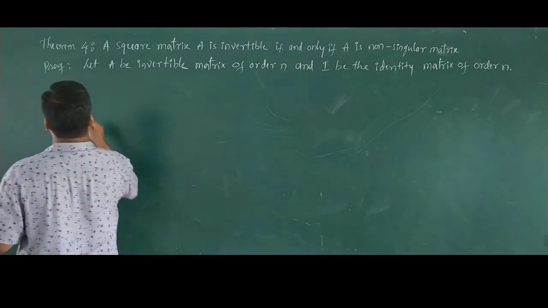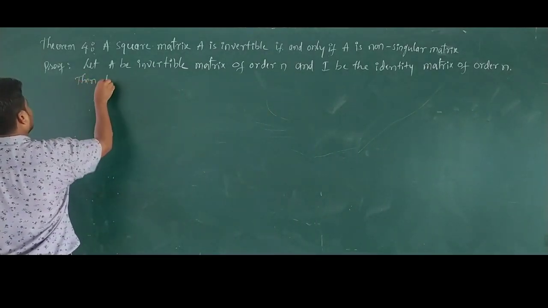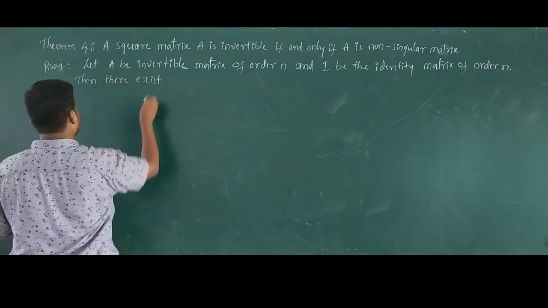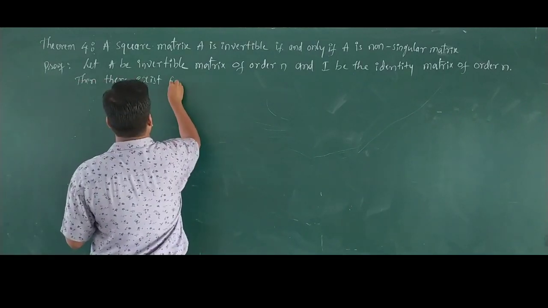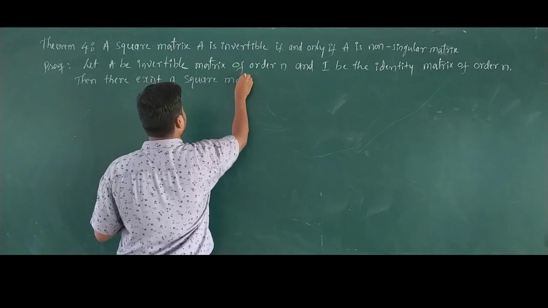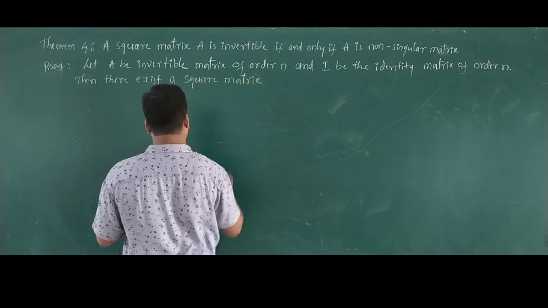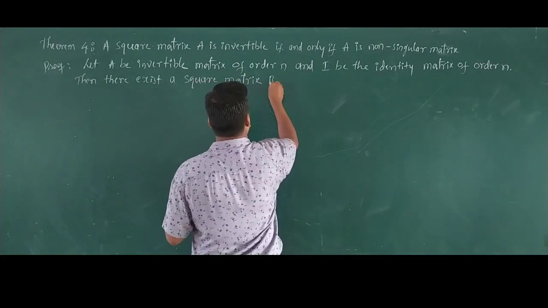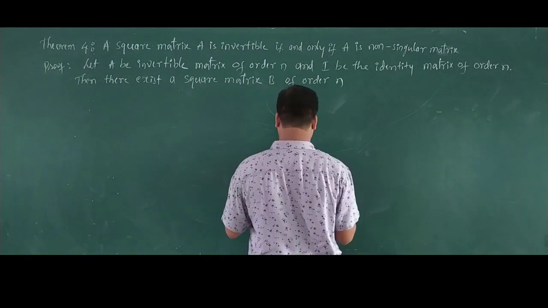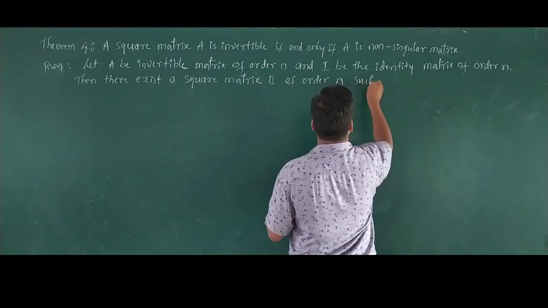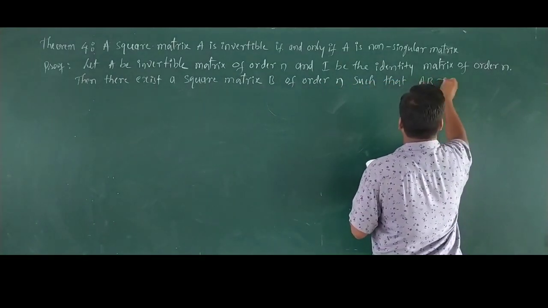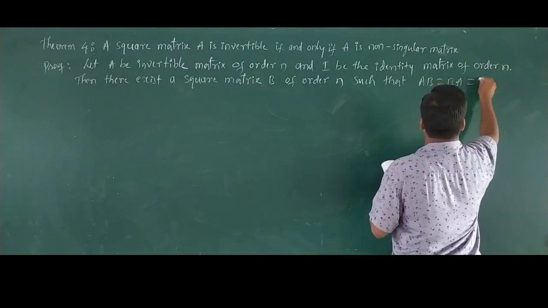So we have to consider that there exists a square matrix B of order n such that AB equal to BA equal to I.